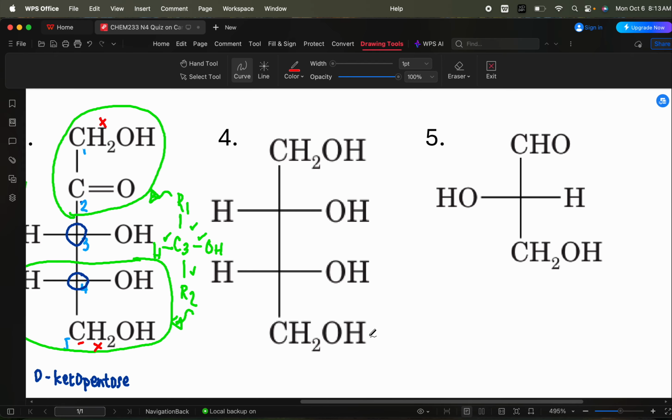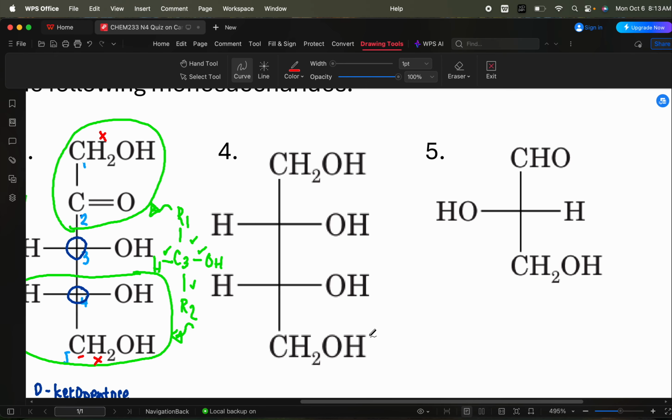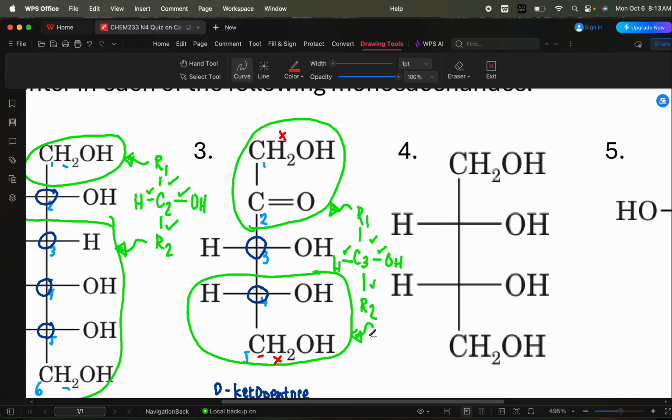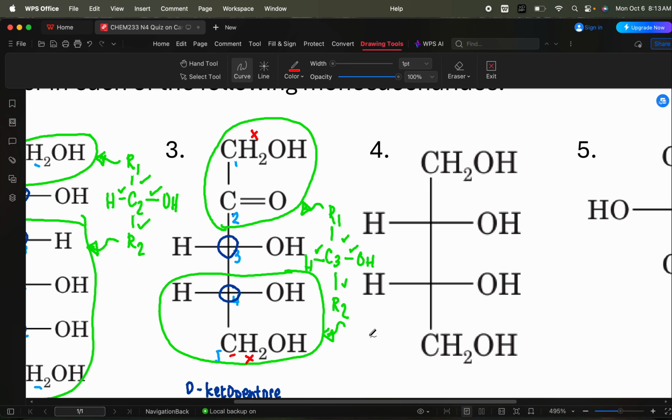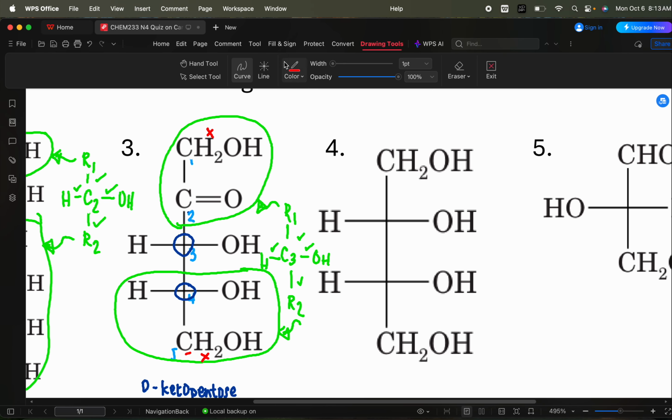Number 4. So this is somewhat similar to number 2, where you have carbons. Let's count the number of carbons: 1, 2, so you have 4 carbons. It's obvious that 1 and 4 are not stereocenters, which leaves us carbon number 2 and 3. So let's have carbon number 2.